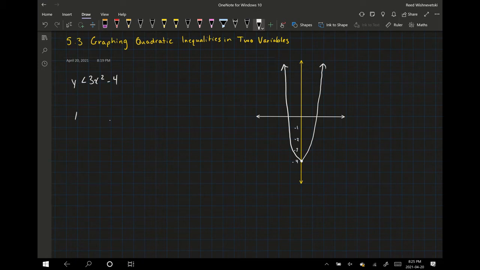So first thing I'm going to do is change this to an equation, and we're going to get y equals 3x squared minus 4. Now, the interesting thing about this function is we have no b value.